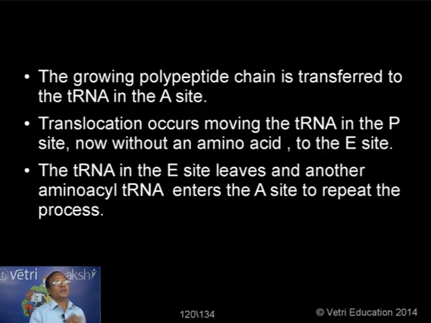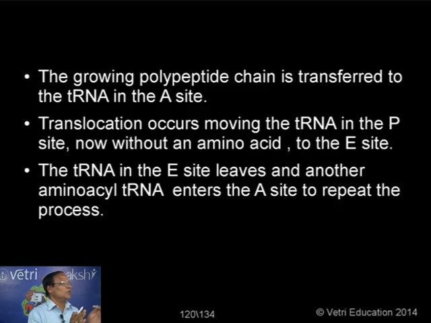What is translocation? Now at the P site, we have the empty tRNA, because the entire polypeptide has been added to the amino acid of the tRNA found in the A site.